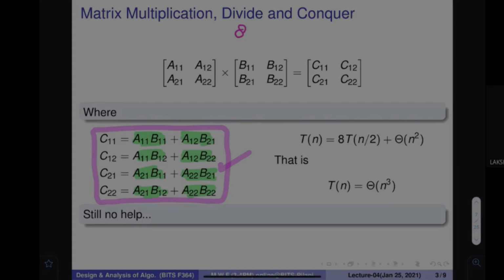But the good thing is that their size is smaller. What is the size? Half. If the size of A and B is n cross n, then the size is going to be n by 2 cross n by 2. So this is needed.